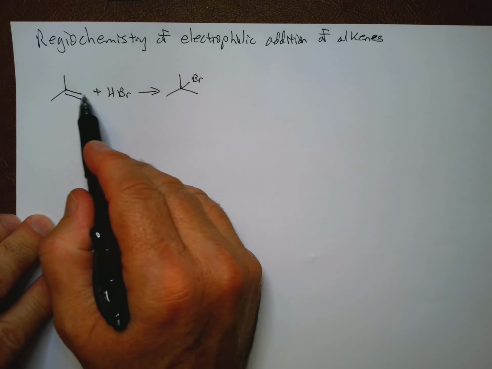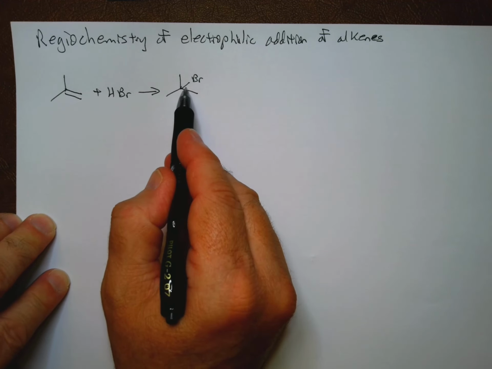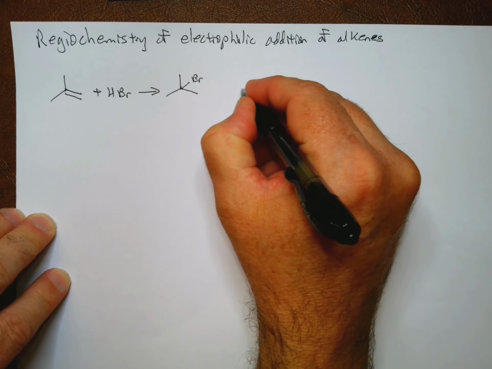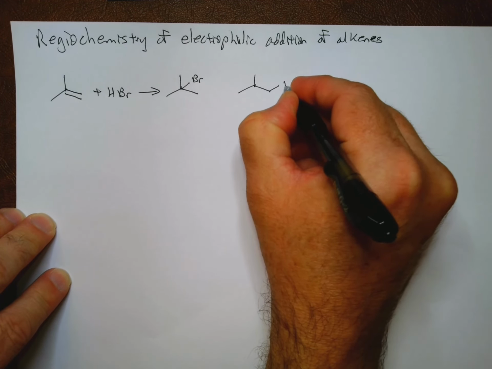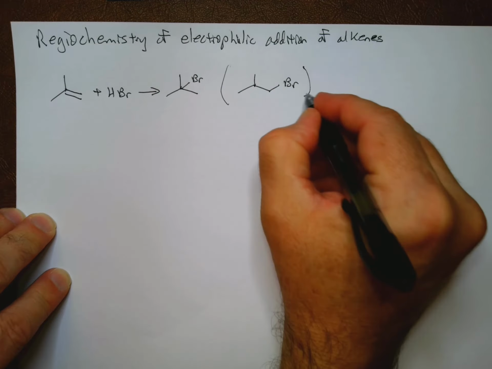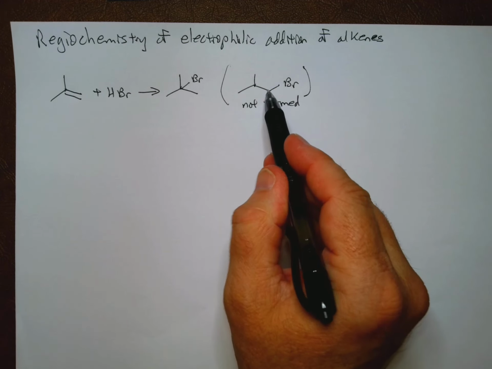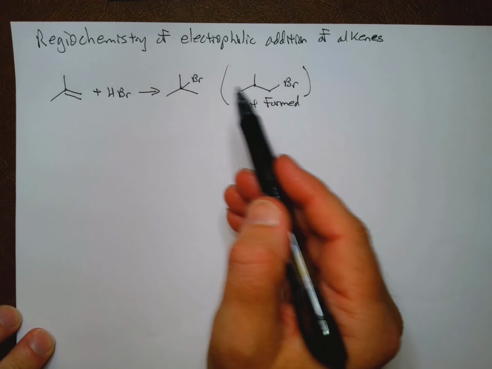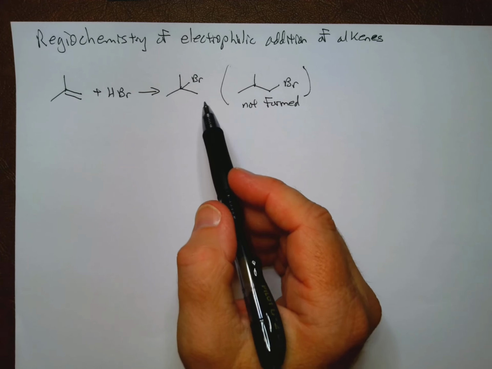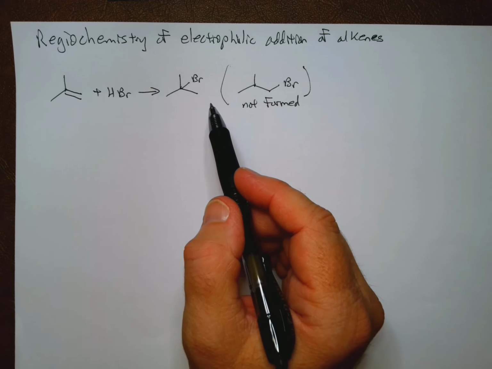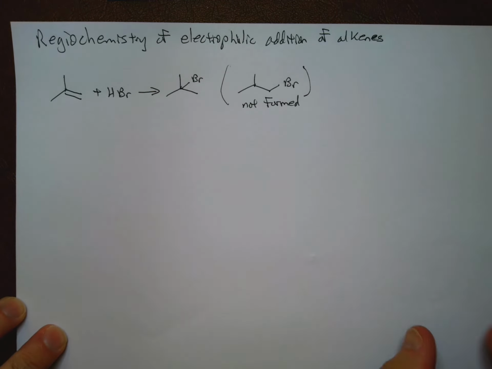So again, if I have my addition of HBr to my 2-methylpropene, I get 2-butyl bromide. I don't get this species here where the bromine adds to the end. Remember when I mentioned, in short lab, when I was talking about drawing curved arrows, a little curved arrow pep talk?